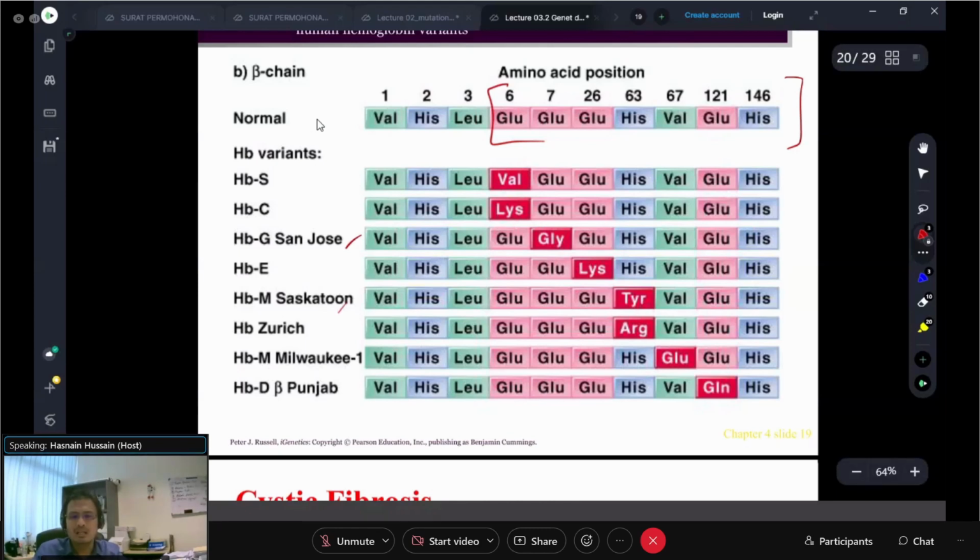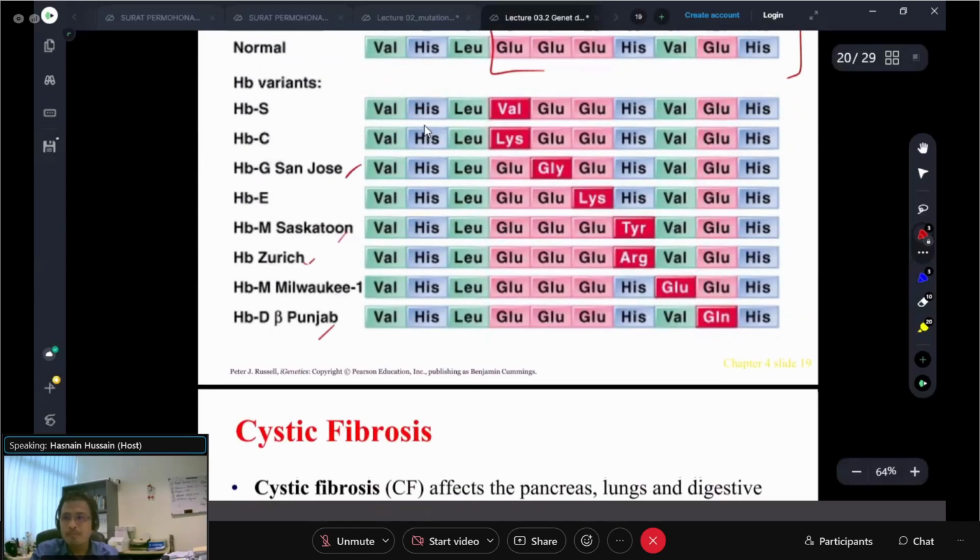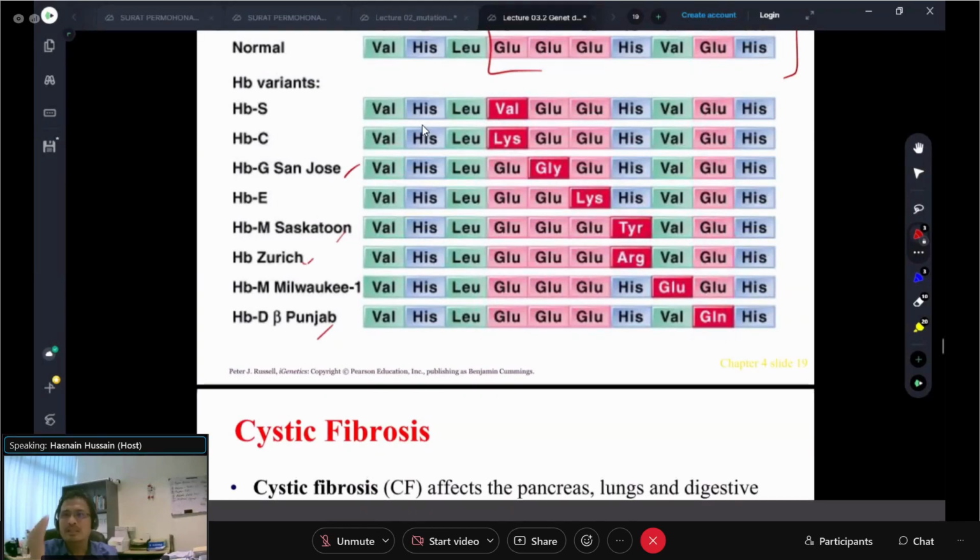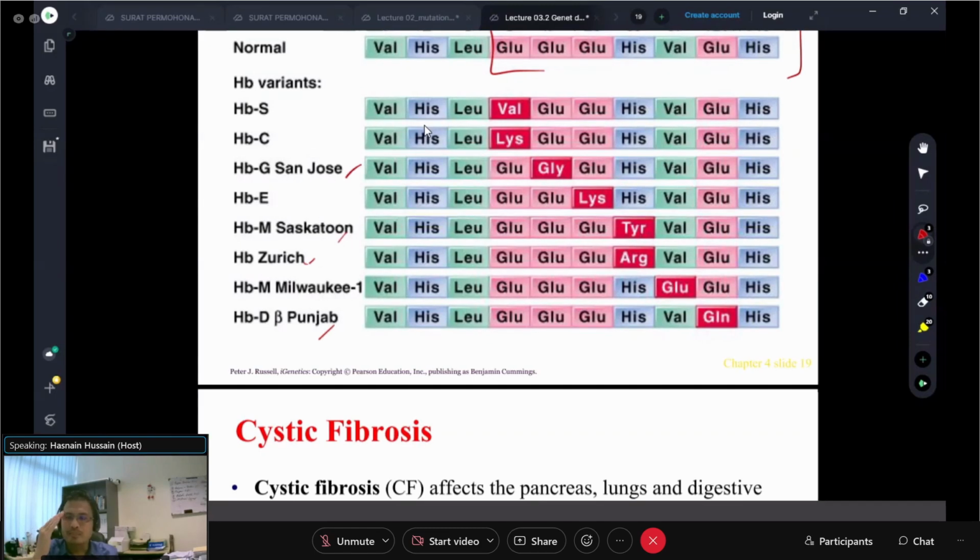Okay, this one can be in the US or in America, this one is in Canada, this one is in India, for example. Okay, so remember, changes in the gene, even at a single position, can cause disease.